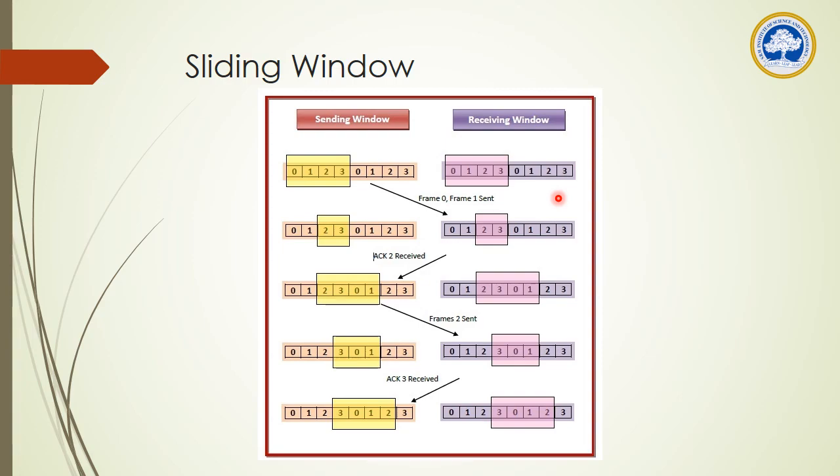So the sender sends multiple frames. For example, here frame 0 and frame 1 are both sent to the receiver side without waiting for an acknowledgement for the first frame. When its sending window is filled, it waits for acknowledgement. Once the buffer is filled, it waits for an acknowledgement.